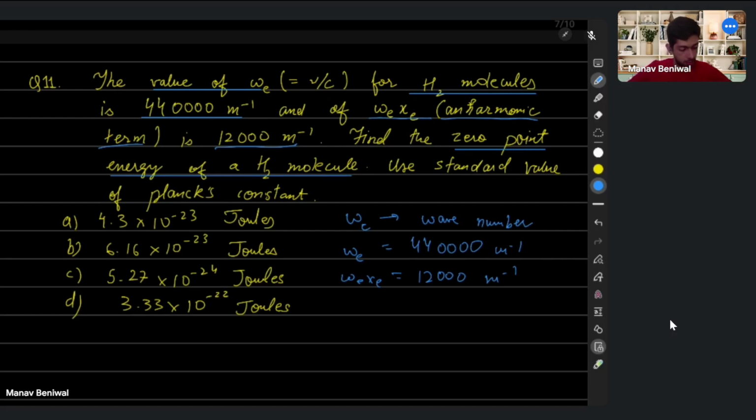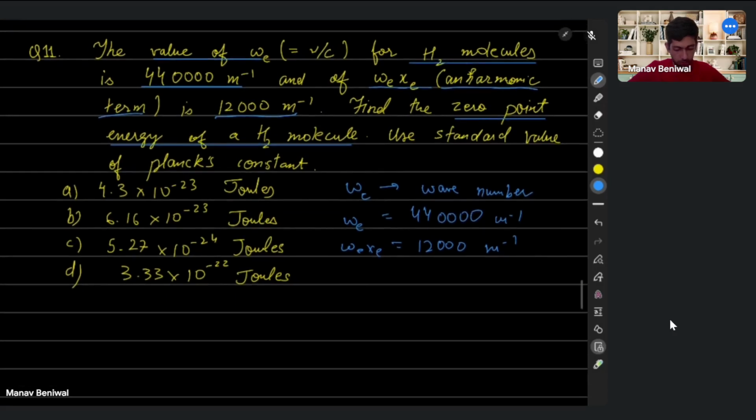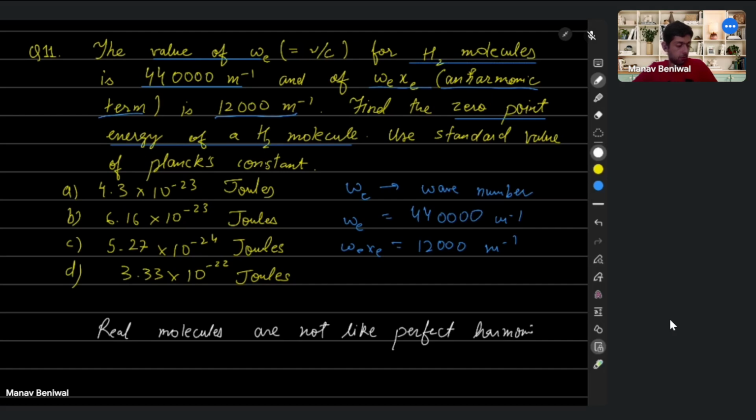So first thing is, why is this anharmonic term coming? Real molecules are not perfect harmonic oscillators, of course.